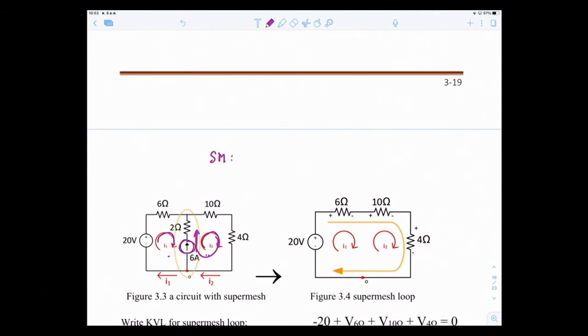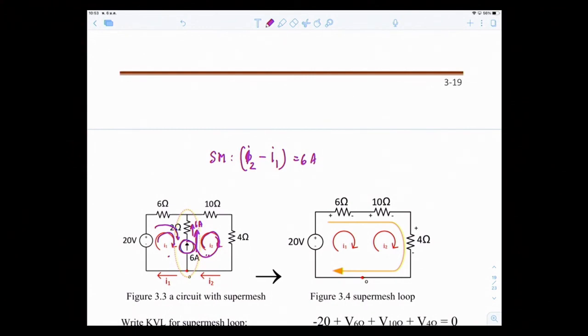So you take the positive sign, I2. Whereas I1 goes in the opposite direction, so it's minus I1. And between these two, it's equal to 6 amps, because the current going through this resistor is I2 minus I1, so equal to 6 amps.